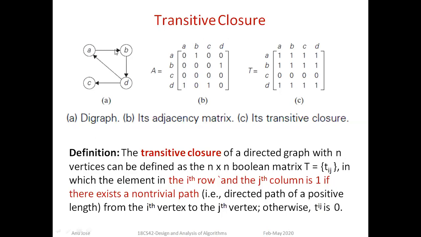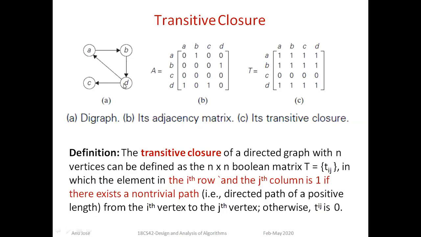So A to B, there is a direct connection. So I have kept 1. A to A, there is no self loop. So I kept 0. A to C, there is no direct path. So I kept 0. And A to D, there is no direct path. So I kept 0. Similarly, B to A, there is no direct path. A to B path is there, but it is a directed graph, so there is no B to A path. So that is 0.